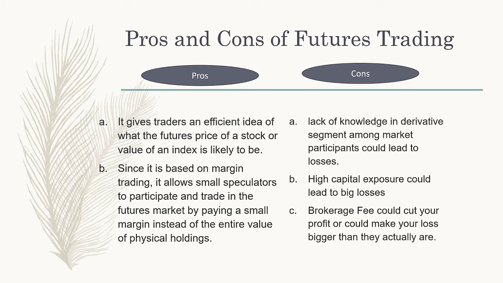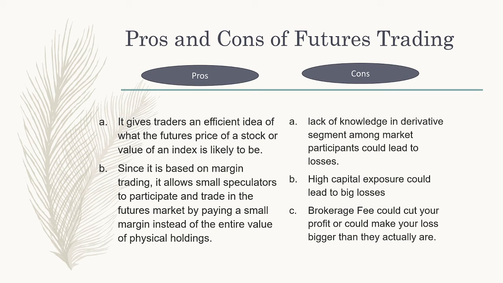possibly go down. Again, it doesn't mean that we start trading just by looking at the future price of an index or any stock. Obviously you have to do lots of other technical analysis and chart reading before you start trading. Since it is based on margin trading, it allows small speculators to participate and trade in the futures market by paying a small margin instead of the entire value of the physical holding.